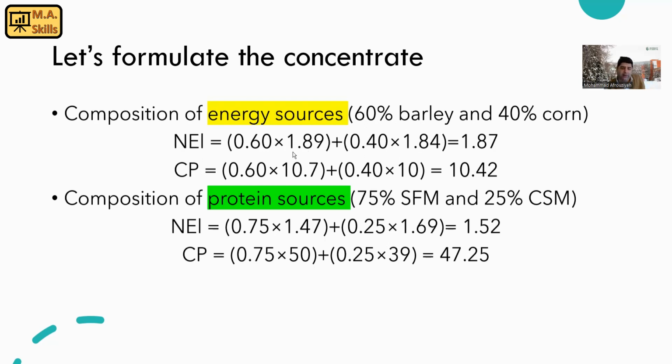For example, barley has 1.89 megacalorie energy per kilogram. So that's why I'm multiplying that amount of energy by 60%. And then I do the same thing for the corn, and then I'm gonna add them up to have the final energy value for this mix, which is the energy sources.